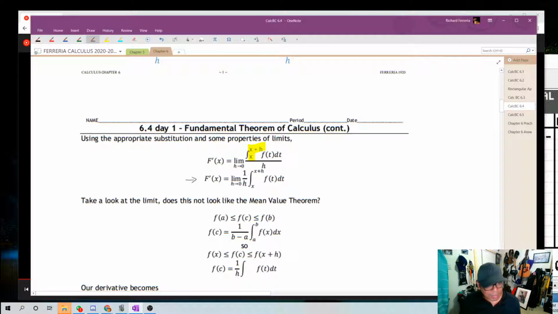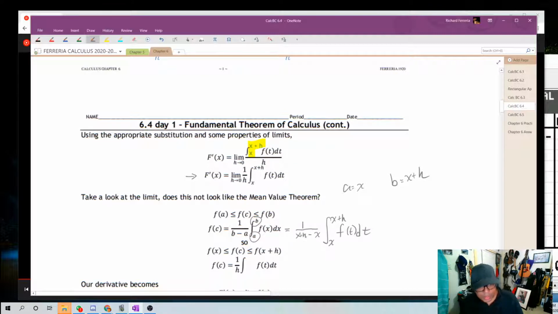So from what I'm seeing, a right here is going to be equal to x, and b is going to be equal to x plus h up over here. So when we substitute into our mean value theorem, we're going to get 1 over b, which was x plus h, minus a, which was x, multiplied by the integral from x to x plus h of our integrand, which was f of t dt.